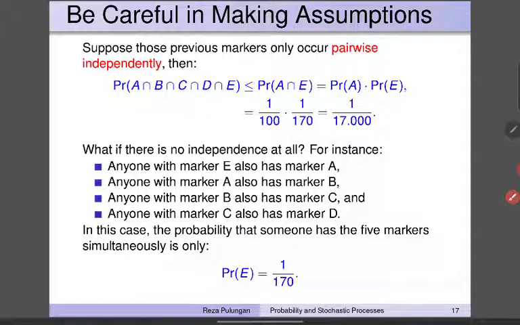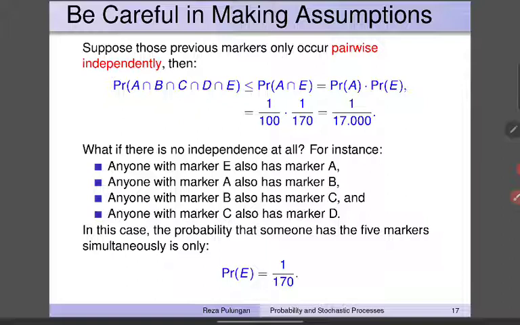Now let's continue with our previous example. Suppose those previous markers only have pairwise independence. What happens then? Then the probability of A intersection B intersection C intersection D intersection E must be bounded by the smallest probability of two events occurring at the same time.